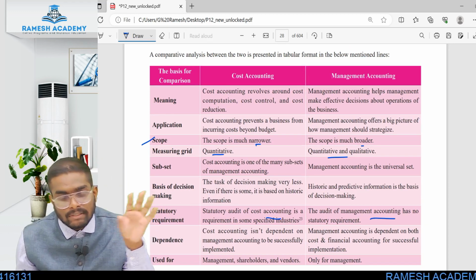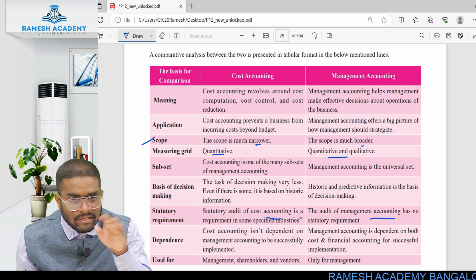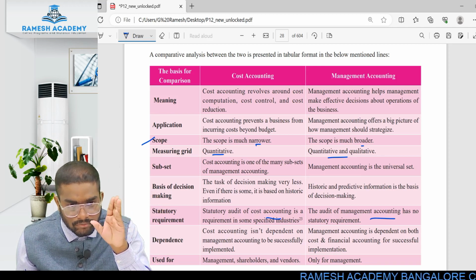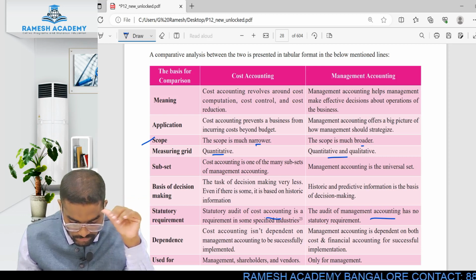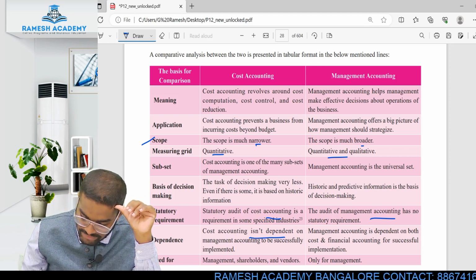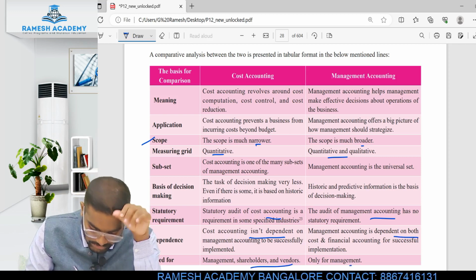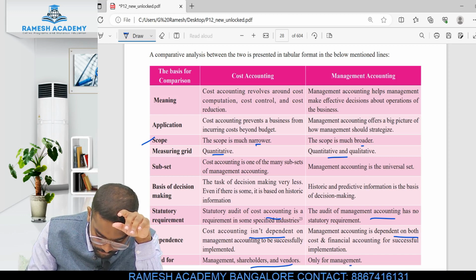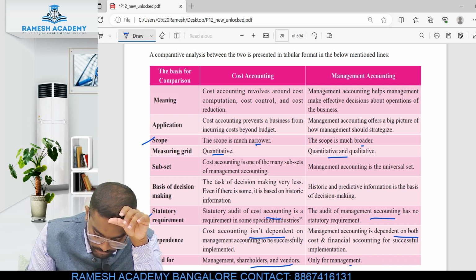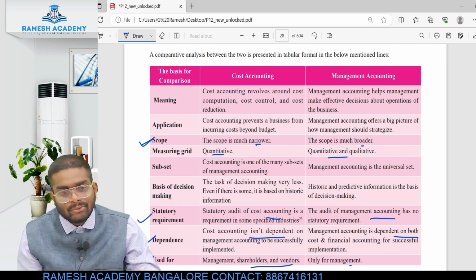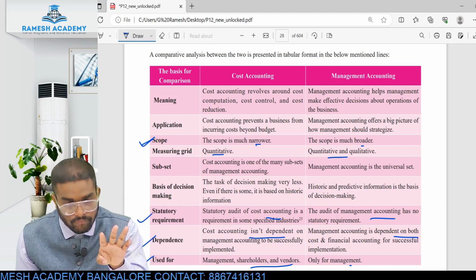As per the Companies Act, we have to prepare a cost audit report if the turnover is above the prescribed limit, for a particular company. Dependency: cost accounting is not dependent, here it is dependent. Used by stakeholders: this point is same, this point is same. So we have 4 similar points. If you read that one, here you have to learn 4 to 5 new points.